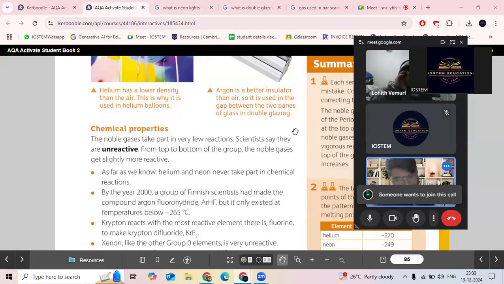So we can write, from top to bottom, they are slightly better in reaction, or you can say they are slightly more reactive.